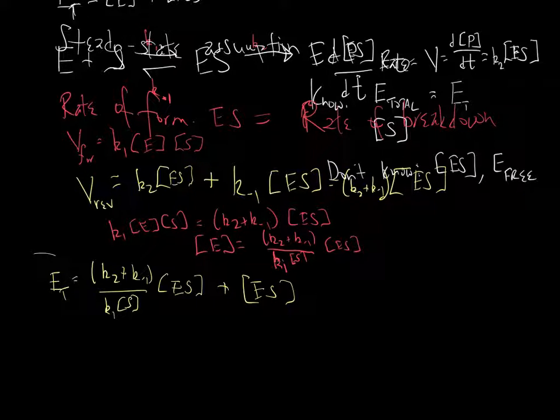So look back at your notes, because unfortunately I had to move it up there. But remember, the total enzyme was equal to the amount of free enzyme, which we just solved for, plus the amount that was already bound.